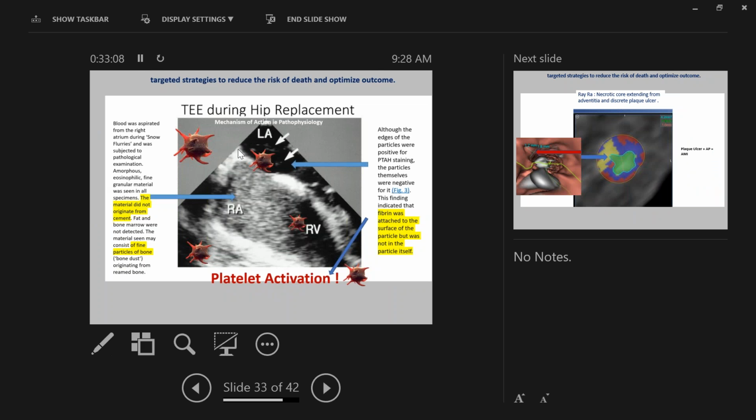And the bone powder is seen here in the right atrium, which is like a snow flurry. And all this density, white stuff that you see where it says RA, that's the right atrium with a lot of basically bone powder that if you biopsy it and study it under a microscope, you'll find it's got fibrin on both ends and it's activating platelets.